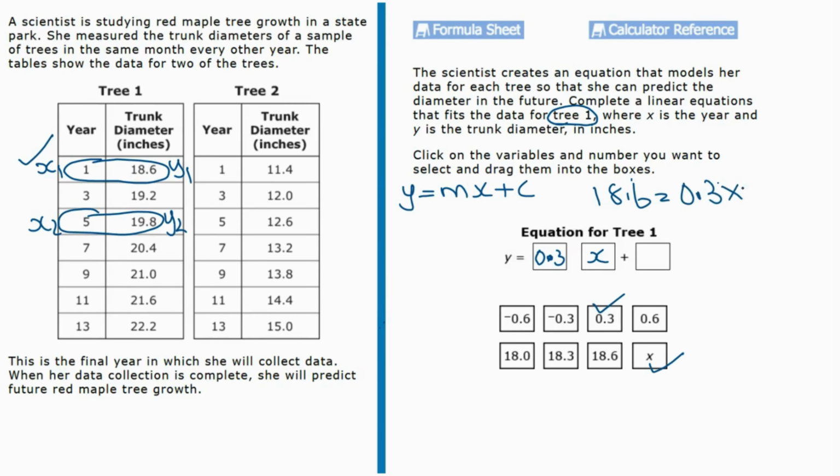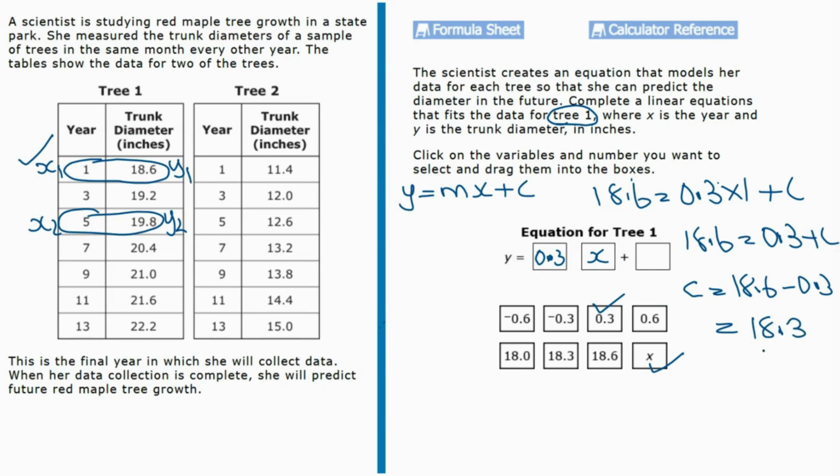So 18.6 is equal to 0.3 plus c. Therefore c is going to be 18.6 minus 0.3, and that is going to be 18.3. So we got the value here, that is 18.3. I'm going to write here 18.3. So that's how we will find the answer for this one.